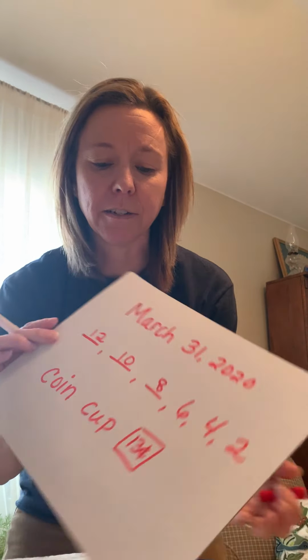Here we go. 1, 2, 3, 4, 5, 6, 7, 8, 9, 10, 11, 12, 13. All right, we have 13 cents in our coin cup. So I'm going to write that here. 13 cents. All right. Did you see how I wrote that right there?